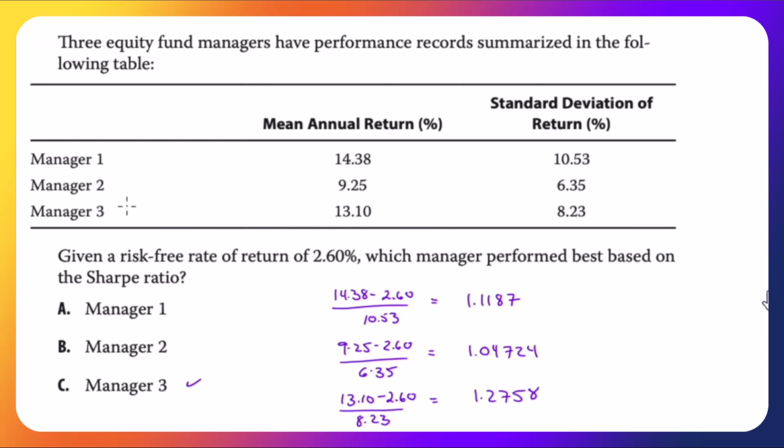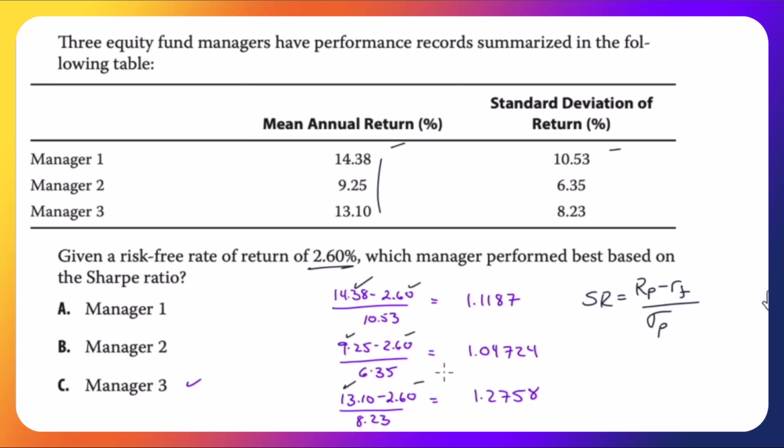Three equity fund managers have performance records summarized in the following table. We have manager 1, 2, 3. Their annual return, the standard deviation, given a risk-free rate of 2.6%, which manager performed best based on the Sharpe ratio? We know the Sharpe ratio is the return on the portfolio minus the risk-free rate over the standard deviation of the portfolio. So that's all we have to do. We have 3 returns on the portfolio. There they are.